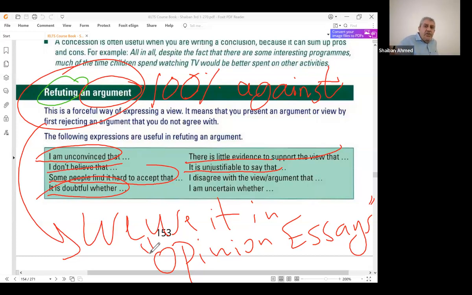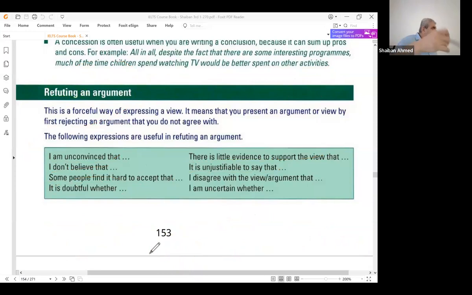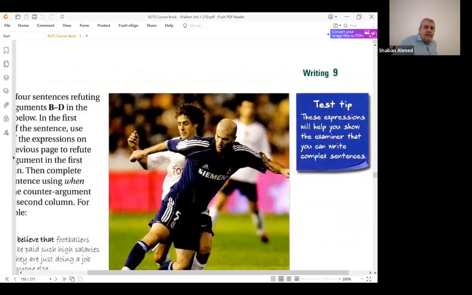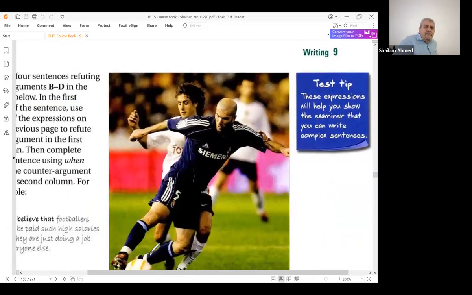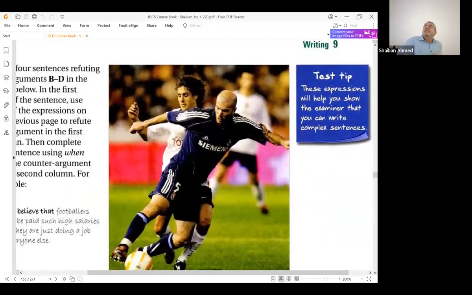Now, we have a question, then we have an example, then from the example, we have example 2, 3, 4, 5, 6, 7, 8, I think there are 8, to develop an opinion. A common question, you know this guy, Zidane.